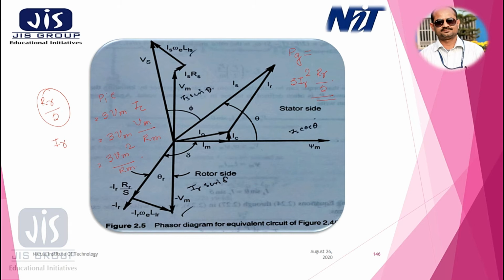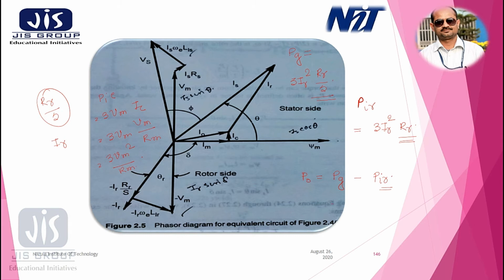Now what is my rotor copper loss? Pcr is I square R, times 3, the current is the rotor current IR, so IR square, and the resistance is RR. So what is my output power? Suppose P output equals the rotor input, that is the air gap power PG, minus the rotor loss, that is Pcr.